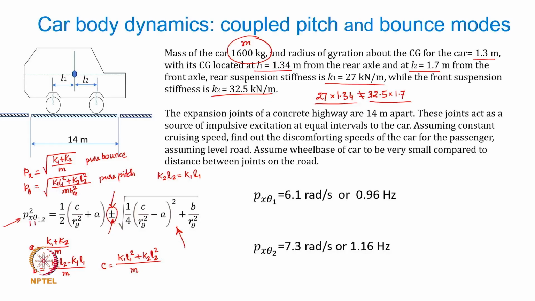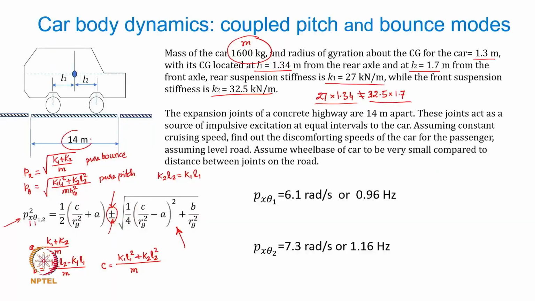Okay, and how do I find the two discomforting speeds now? Assuming that both the wheels will be almost getting impulses simultaneously, the repetition period is going to depend on the gap between these two, and the speed with which the vehicle is going to cruise. We have seen that. So the frequency of excitation would be how much?